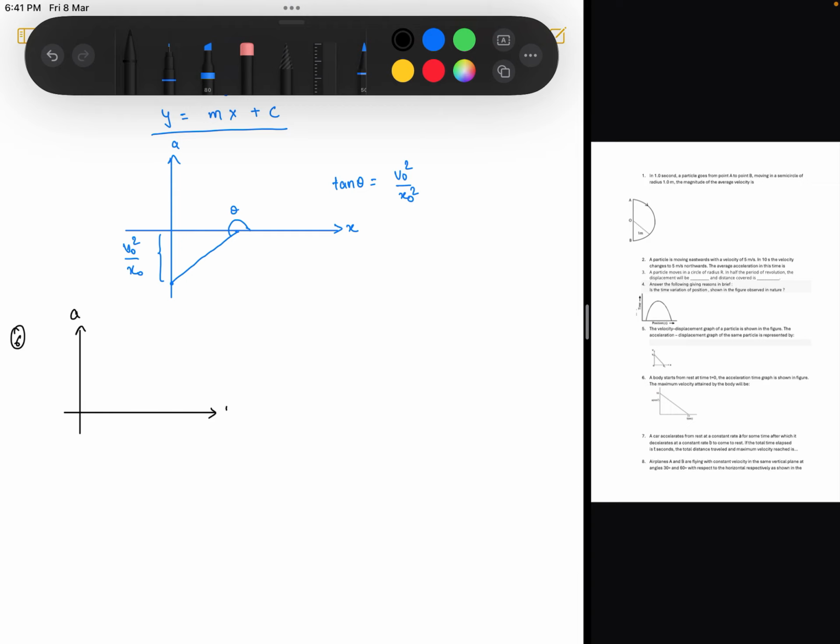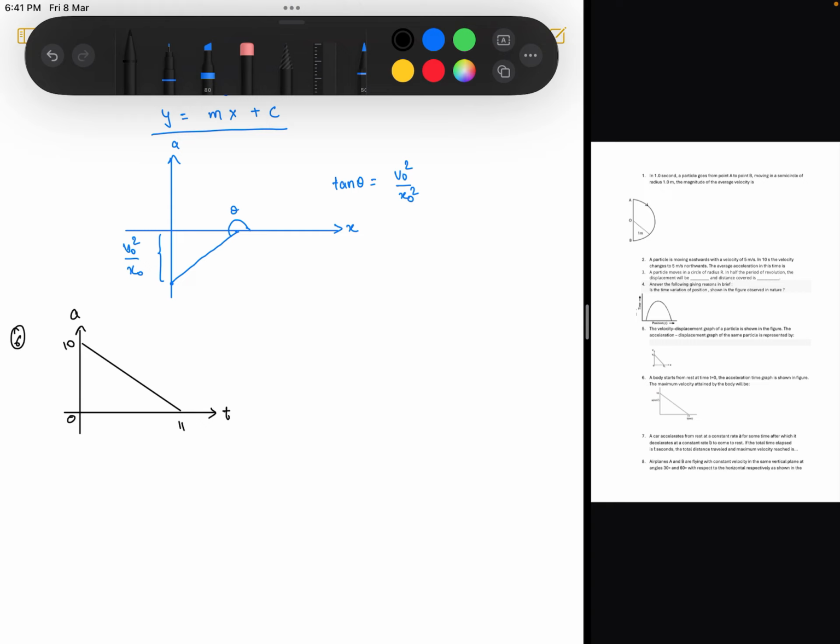This is the acceleration, this is the time. This is the origin at t is equal to 0. The particle is moving like this. So this is the 10 here and this is the 11 seconds.